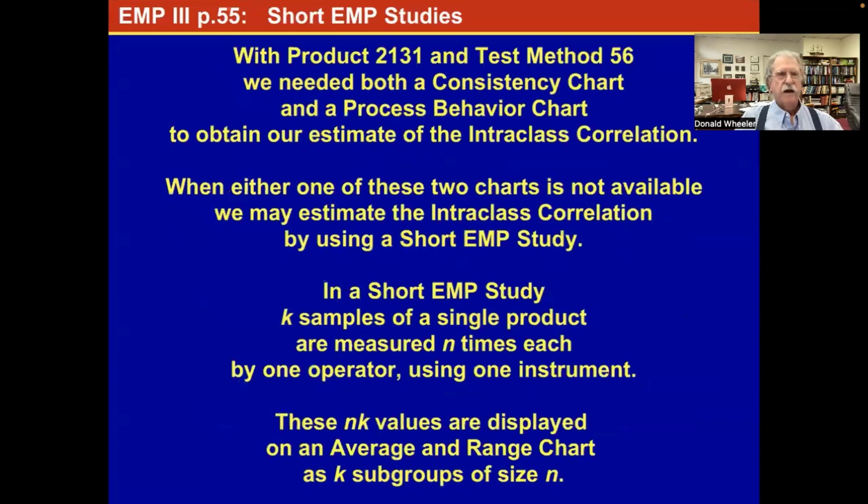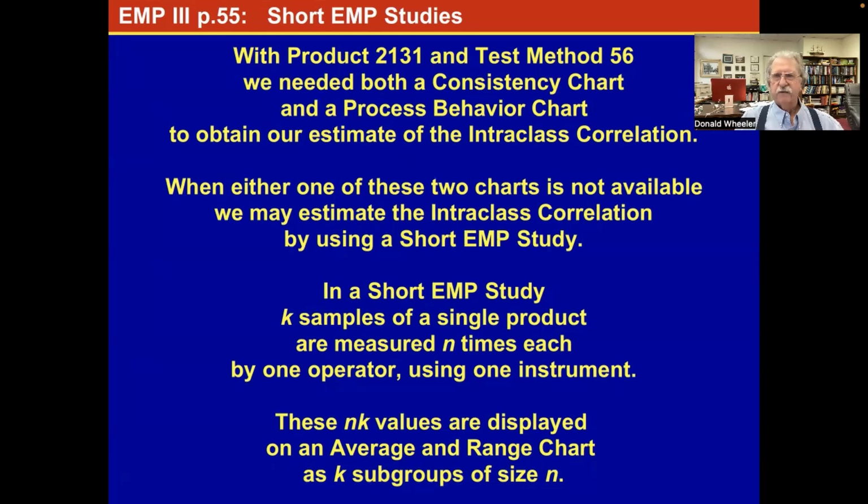On page 55, a short EMP study. With product 2131 and test method 56, we needed both a consistency chart and a process behavior chart to obtain our estimate of the interclass correlation.